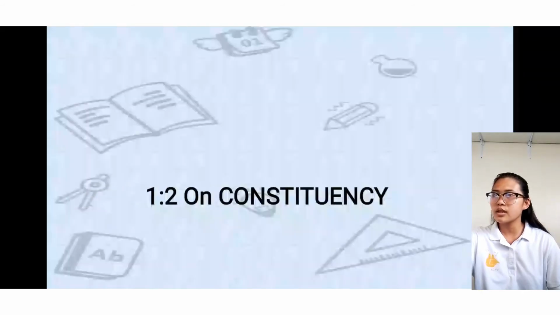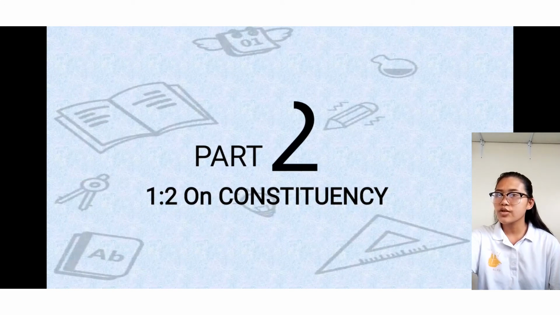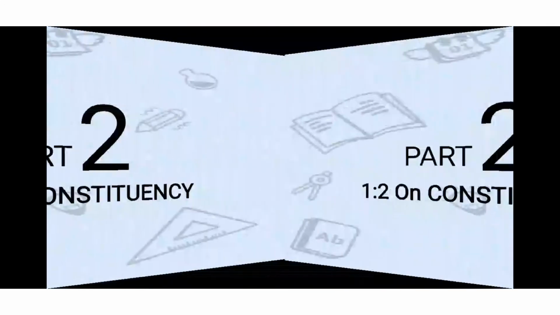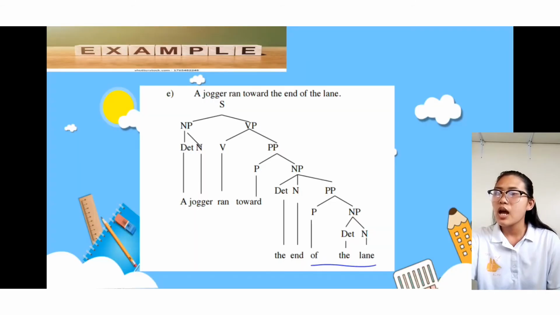For the next topic, let us move on to constituency. Constituency means sentences have an internal structure. What do you mean by internal structure? It means that words form groups, and those groups of words can form larger groups, and these are called constituents. As you can see from the example, it is formed in a tree diagram.